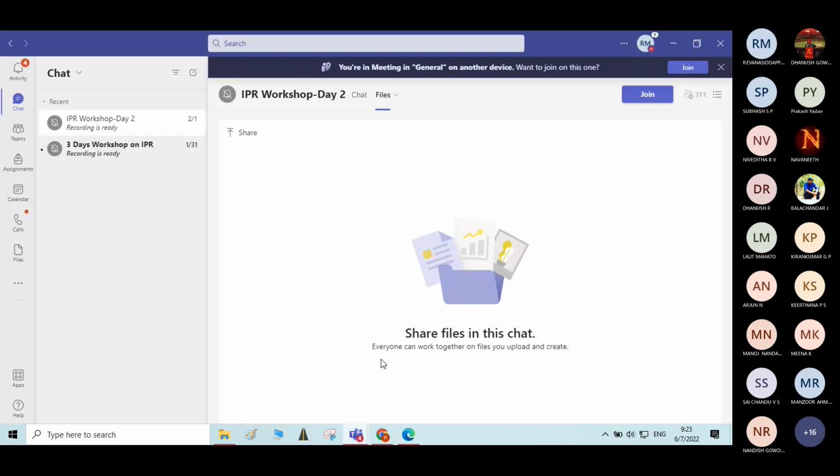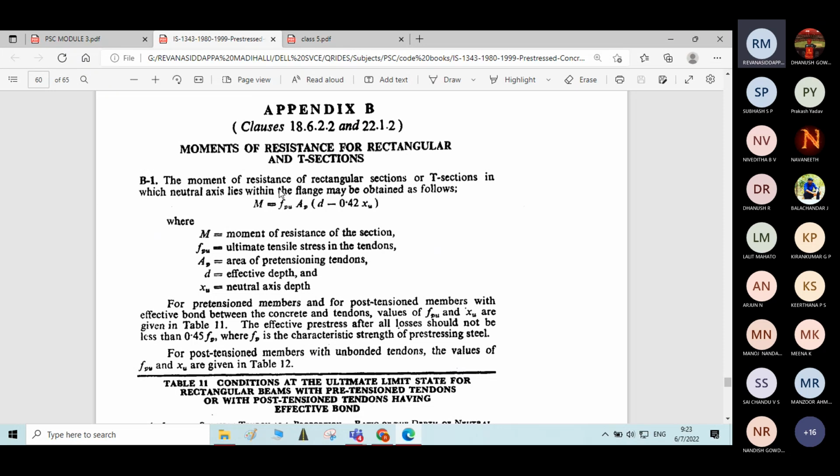Now I'll just explain how to find the moment of resistance of a PSC beam. The finding of moment of resistance, or analysis of this PSC beam, is almost similar to an RCC beam. The basic principle behind the analysis is the same, but there it is an RCC beam, here we will have a PSC beam.